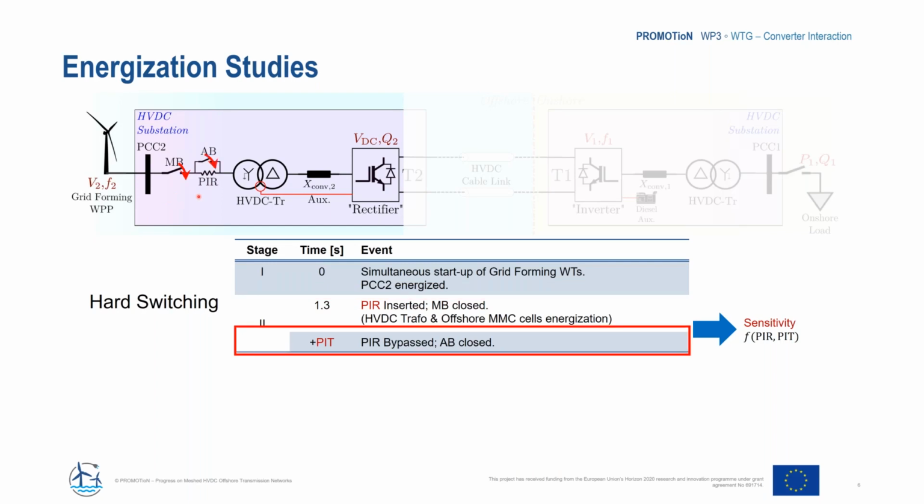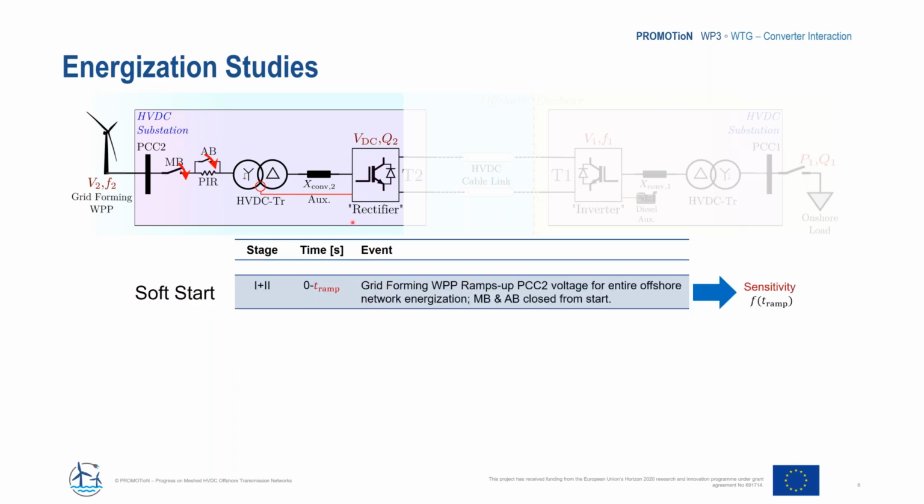After a certain pre-insertion time, this auxiliary breaker is closed to bypass the PIR and then have the whole offshore network energized. In the soft start case, this entire circuit is kept connected from the beginning, and the grid forming wind turbines just ramp up the voltage slowly while energizing the entire network in a controlled manner.